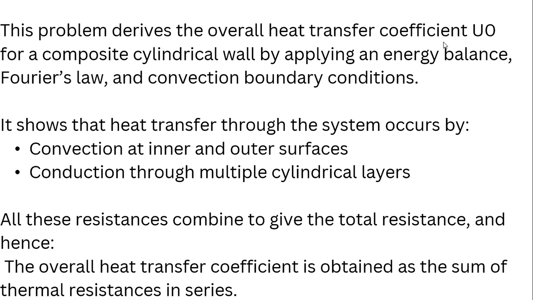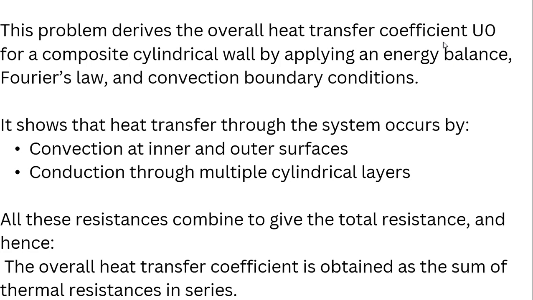So this problem derives the overall heat transfer coefficient U0, calculated by combining convection and conduction resistances across all n layers of the composite cylindrical wall, by applying energy balance, Fourier's law and the convection boundary condition that we already spoke about.